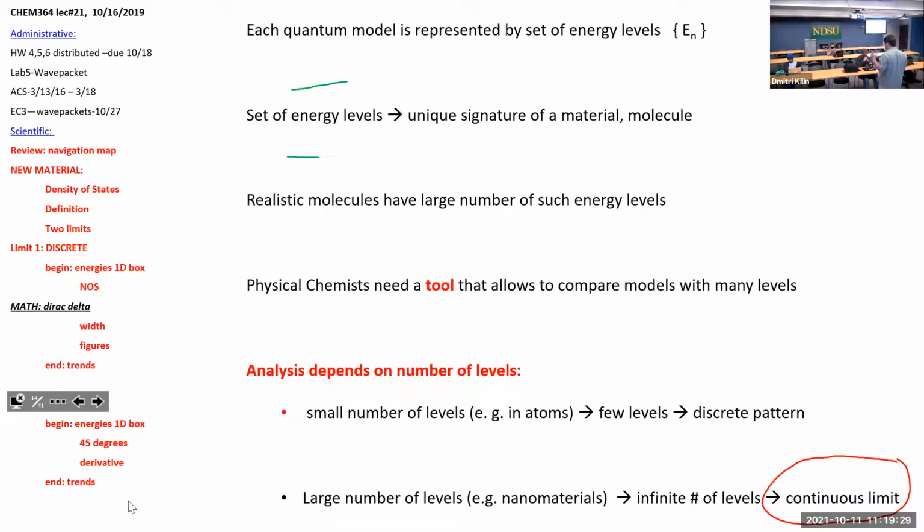So this transition from discrete to continuous distribution is what we need to start addressing today. If there are more than a few states, the eigenstates of a model, of a molecule, can be analyzed not one by one, but as a whole thing by describing continuous distributions that will tell us at which energies there are more states and at which energies there are fewer.